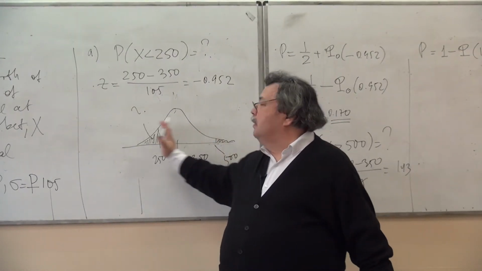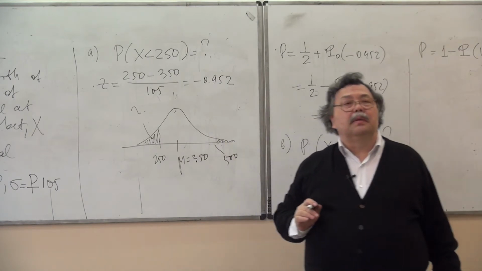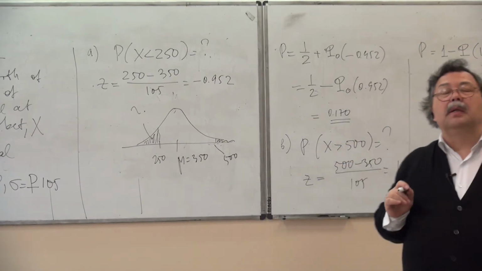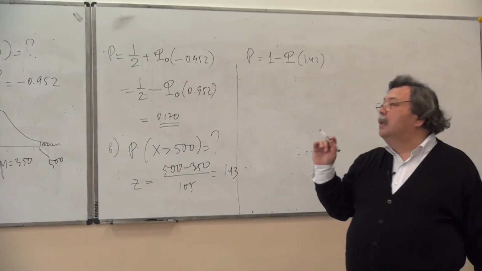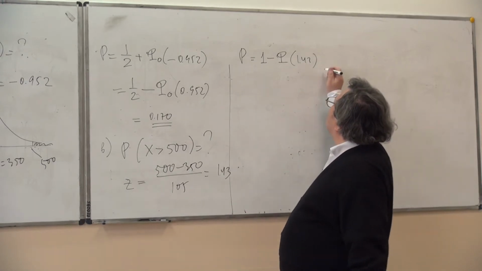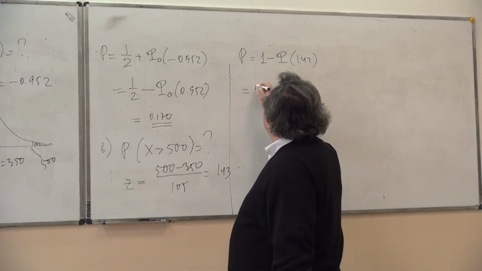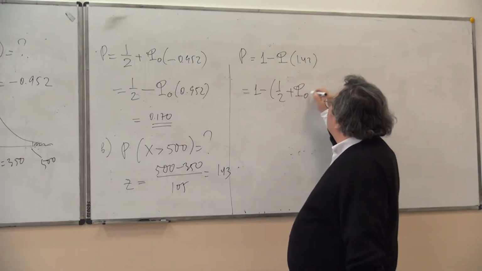Well, everything that lies to the left of this point, from negative infinity to this point, is the cumulative distribution function, capital phi. But we do not work with phi. Instead, we work with 1/2 of phi, which is phi 0. So instead of this, we write, and here we substitute 1/2 plus this.